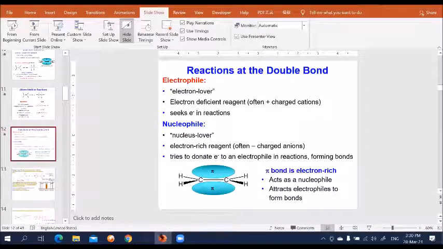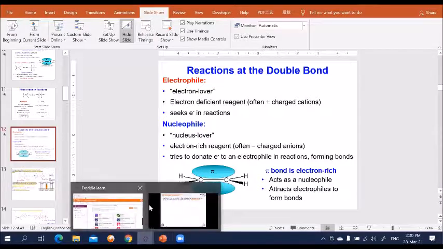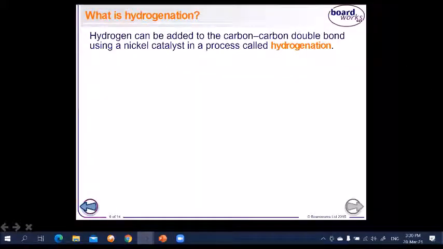Back to the animation. Okay, now we are looking at another type of... well, okay, let me go back here. I don't want to go quite into this one yet. Let's go back and review that first addition reaction a little bit in more detail.